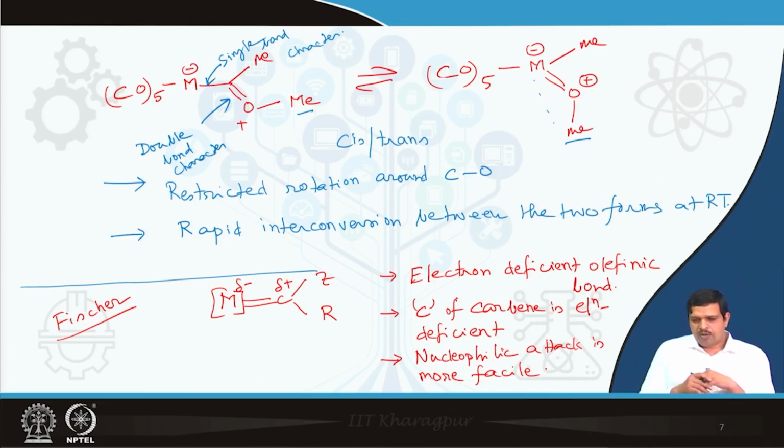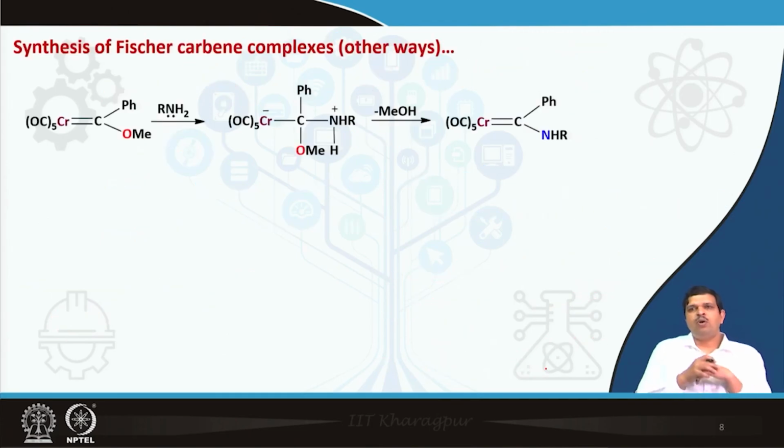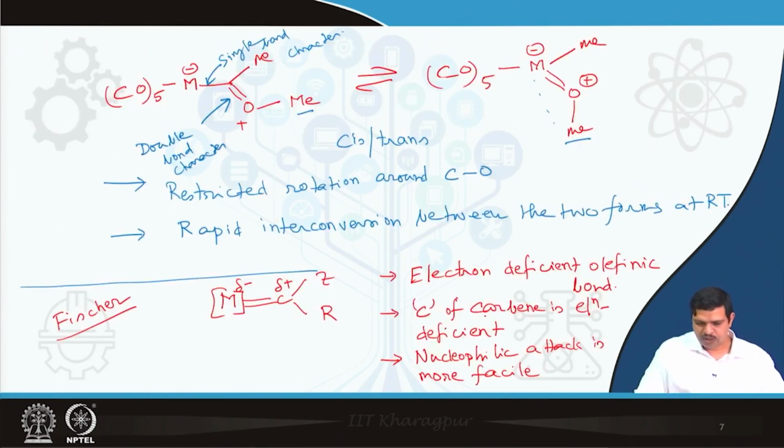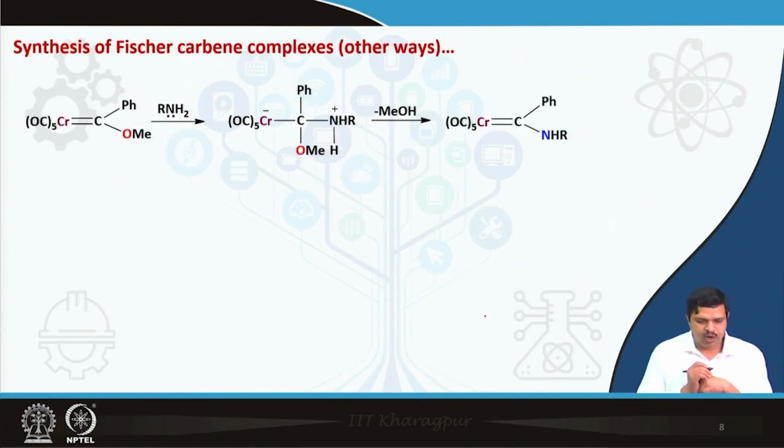So now you see what strategy we can follow to make other types of Fischer-carbene complexes where the heteroatom is not the oxygen. Like here you will see, following this concept, what has been done.